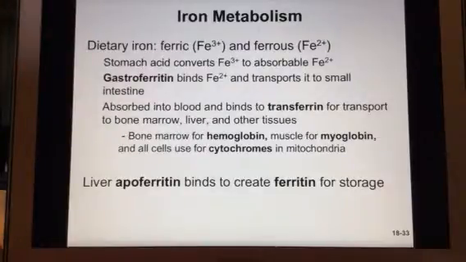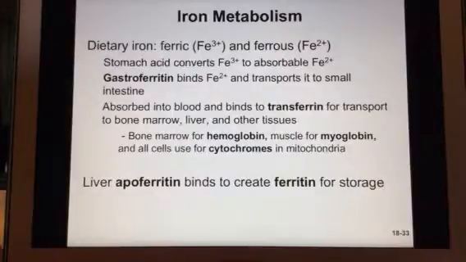So this talks about the different types of iron. There are 2 different types. Iron's a transition metal, so it makes 2 ions. The kind in our diet would be iron 3 and iron 2, excuse me, ferric and ferrous.